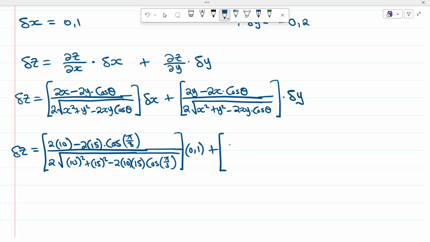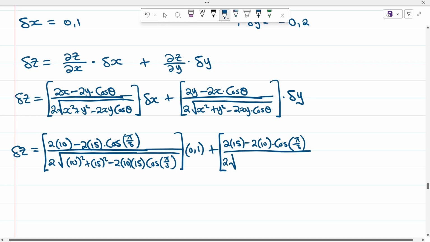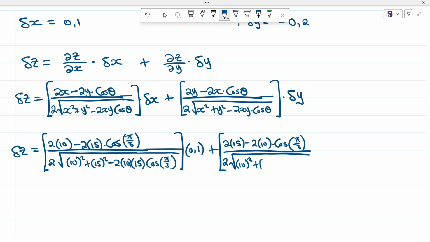Now we do the substitution for the other term. So 2 into 15, which is y, minus 2 into 10 for x, multiplied by cos of pi over 3, all divided by 2 root of 10 squared plus 15 squared minus 2 into 10 multiplied by 15 multiplied by cos of pi over 3, just like that.